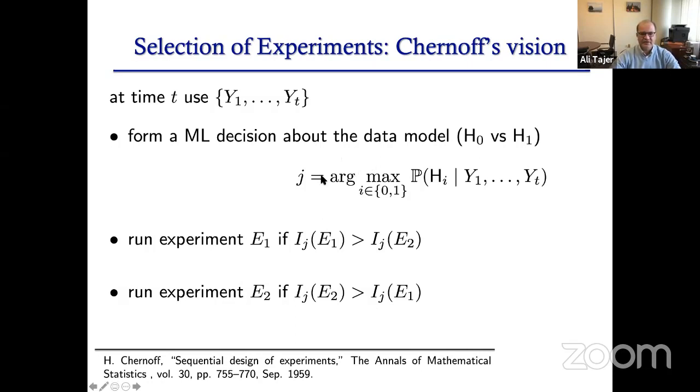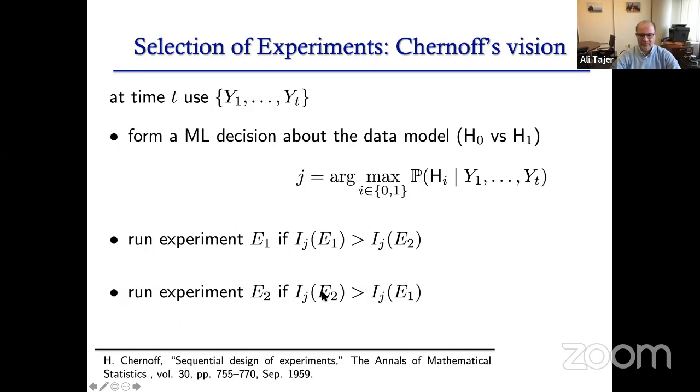Now, let's say that j equals 1. If hypothesis 1 is the more likely one up to time t, then we run the experiment E1 if I1 of E1 is larger than I1 of E2. Essentially, we pick the experiment under which I1 is a larger value. Likewise, we run E2 if the information measure I1 is larger under E2.